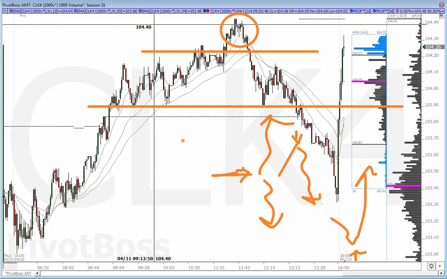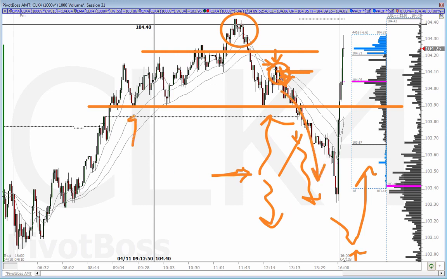Remember, order flow allows you to see the auction at its most accurate level. We're actually peering inside these bars to see what is really happening in there, what buy and sell orders are happening at that level. If someone comes in and buys big right here at this high and price goes against you, you know this thing is about to drop.